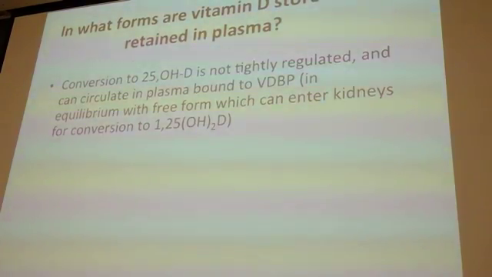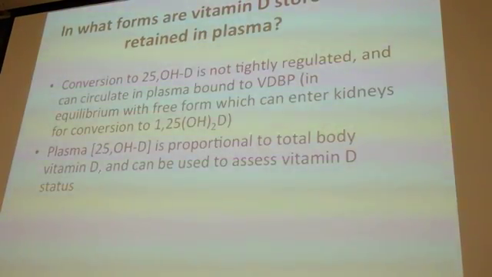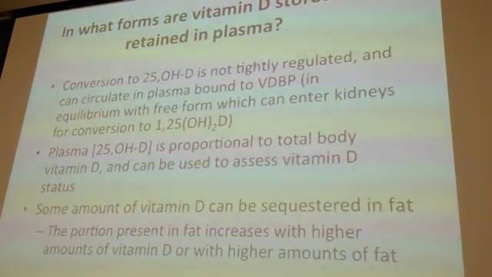It can then be converted into the active form in the kidney, but that step is tightly regulated by parathyroid hormone. These concentrations are proportional to total vitamin D, and 25-hydroxy vitamin D is often used as a metric for assessing vitamin D levels in the body and determining whether there's a deficiency.